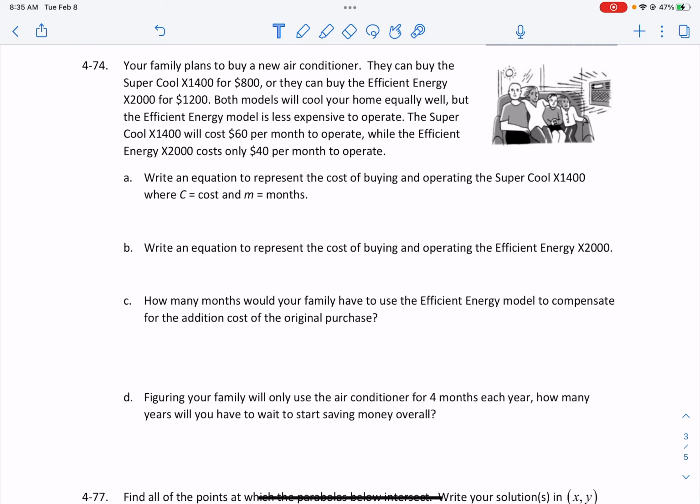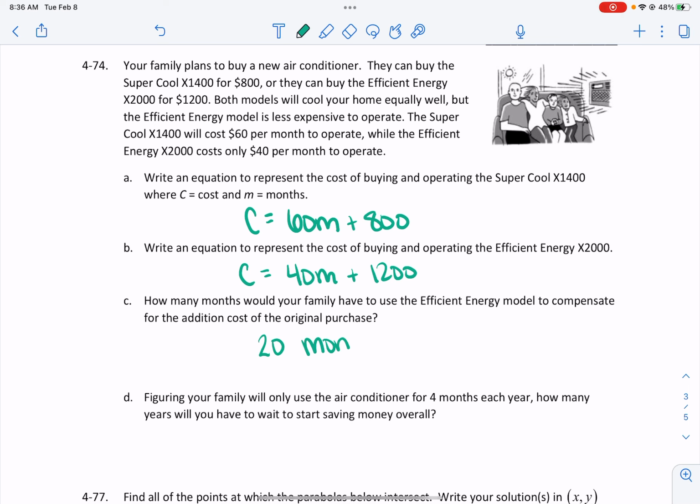So, write an equation for the first one. Well, the cost is equal to $60 a month plus $800. The other one, the cost is equal to $40 a month plus the cost, $1,200. You want to take a look in Desmos, but you're going to see after 20 months.